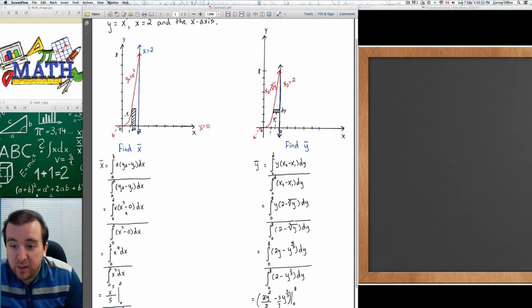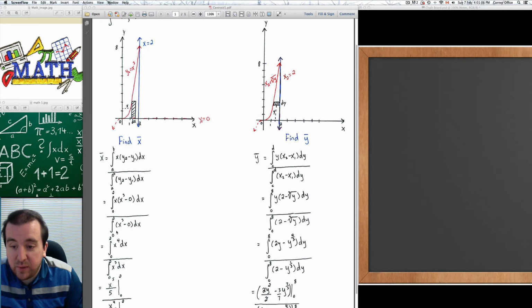So if I plug these functions in, I have x times y2, which is x to the power 3, so that goes in there. Take away 0 because y1 is 0, dx. And I have on the bottom the integral from 0 to 2 of x to the power of 3, take away 0, where y1 is 0 again.